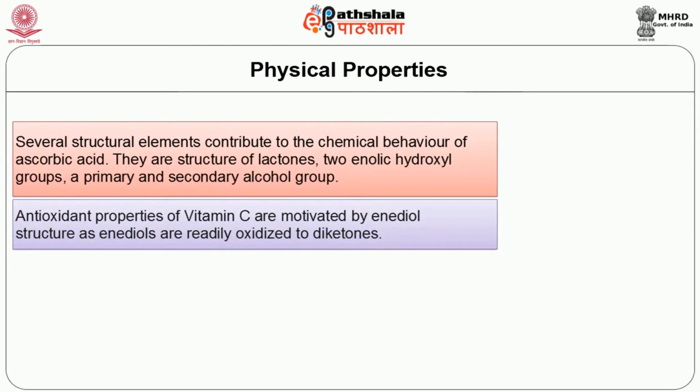Antioxidant properties of vitamin C are motivated by the enediol structure, as enediols are readily oxidized to diketones. Ascorbic acid forms two intermolecular hydrogen bonds which contribute to the stability and is stable in the enol form, but it is also rapidly interconverted to two unstable diketone tautomers.